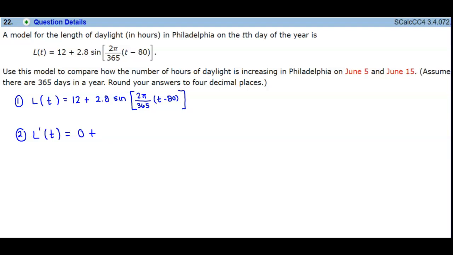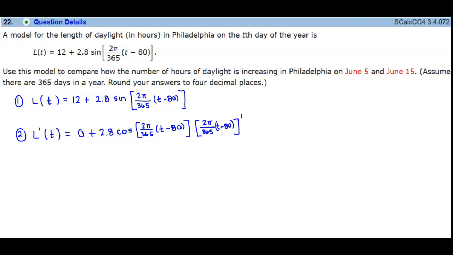So the outside function is going to be 2.8 sine. We take the derivative of that, and that becomes 2.8 times the cosine of 2 pi over 365 times t minus 80. And then using the chain rule, we're going to find the derivative of what's inside, which is 2 pi over 365 times t minus 80.